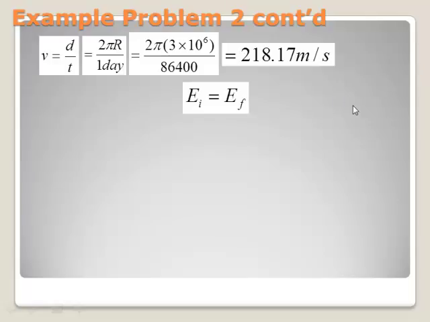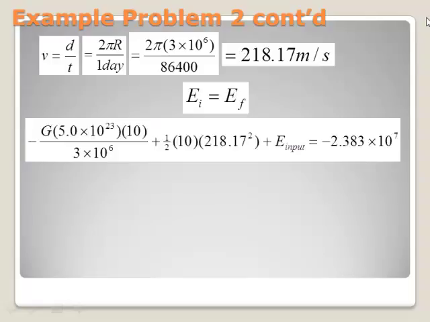Now, we know that the mechanical energy is conserved, so the initial mechanical energy will be equal to the final mechanical energy. So this is the initial gravitational potential energy of the probe on the planet's surface. This is the kinetic energy due to the rotation of the planet. You see that 218.17. And then this is the energy that needs to be inputted.